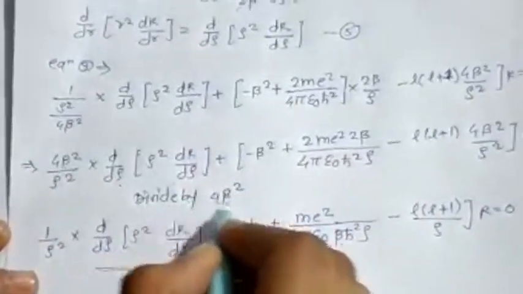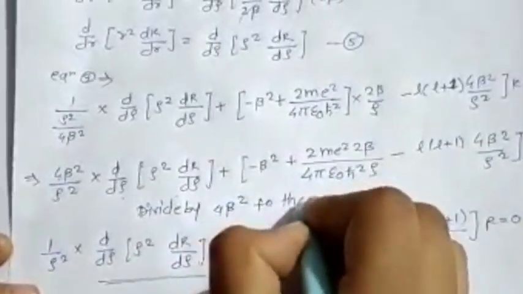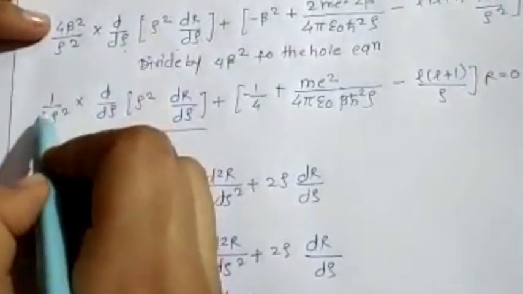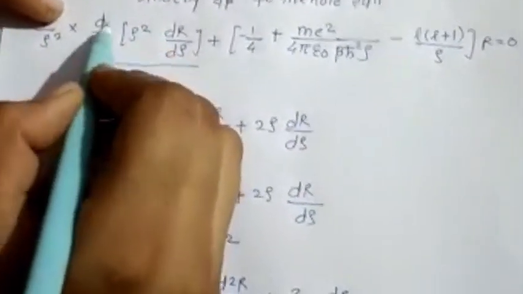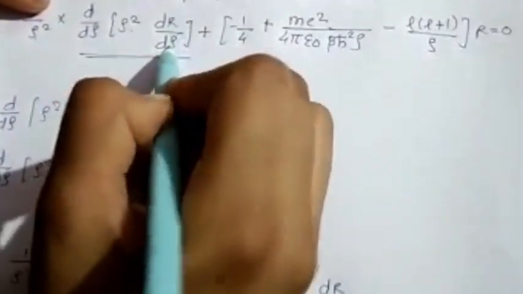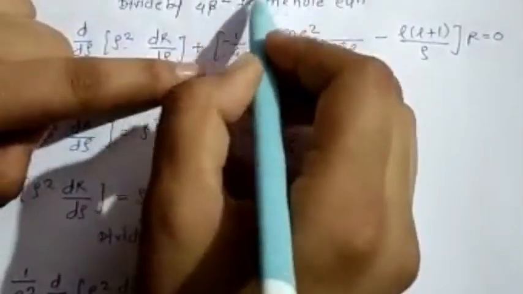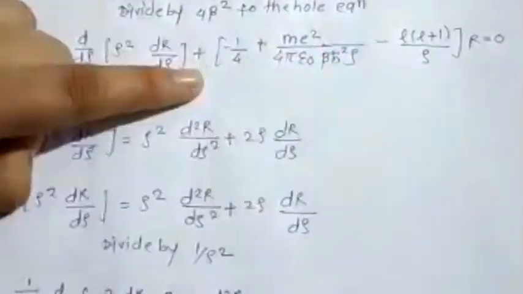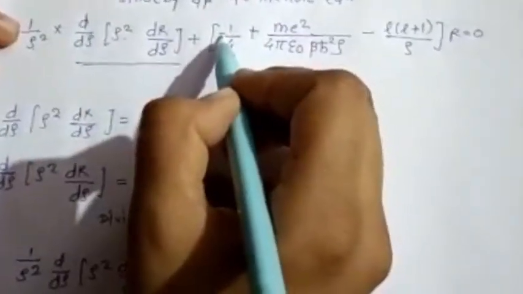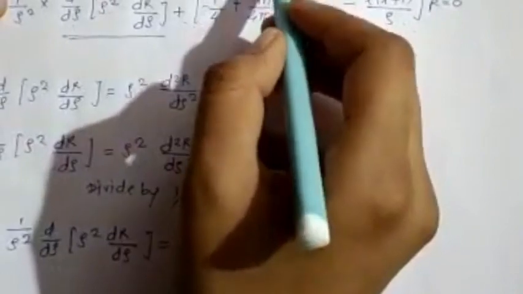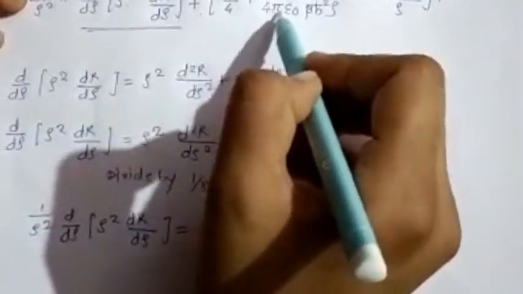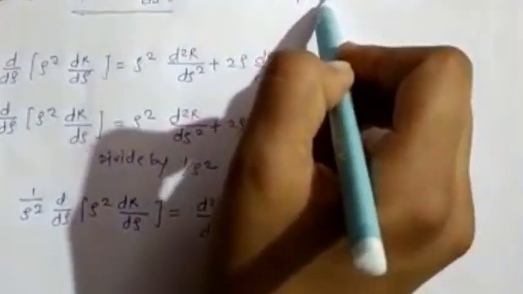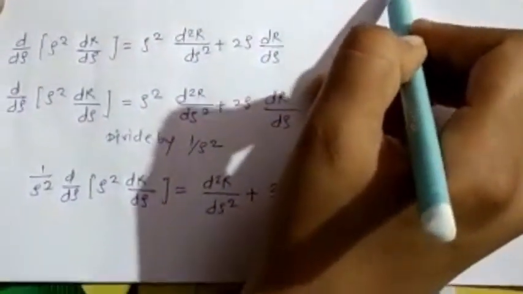Now divide the whole equation by 4 beta square. So by dividing, 4 beta square will be cancelled, then we get 1 upon rho square. This term is as it is, that is d by d rho of rho square dr upon d rho, plus here beta square will be cancelled, we get minus 1 by 4 plus, here 4 gets cancelled, and me square divided by 4 pi epsilon naught beta h cut square into rho minus l into l plus 1 upon rho square.